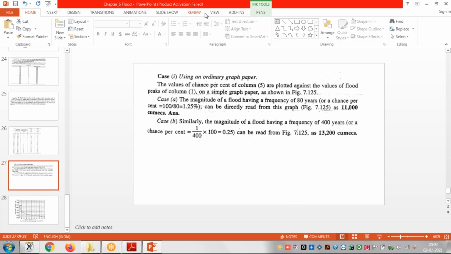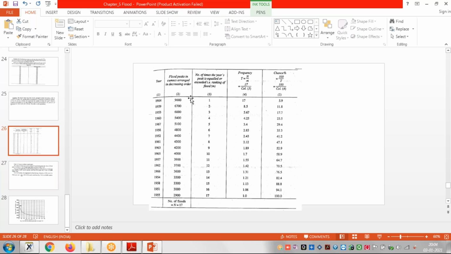What they have done, based on this data, is draw it on simple graph paper. They have taken this data on the x and y axes.